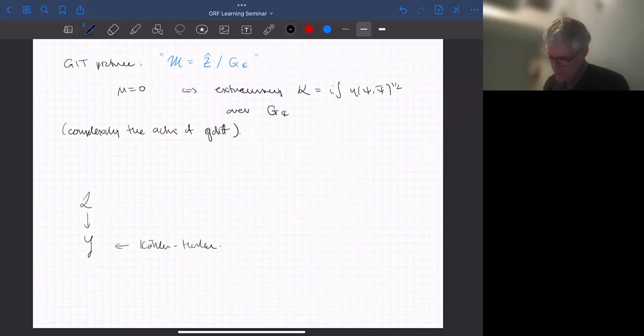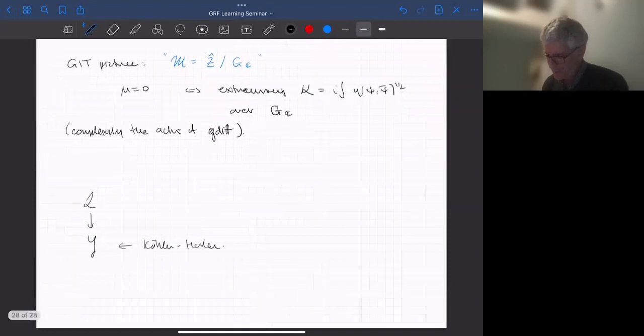And then there's some norm functional, which is a section of this line bundle. And that's the thing which is extremized when you hit the zero of the moment map.